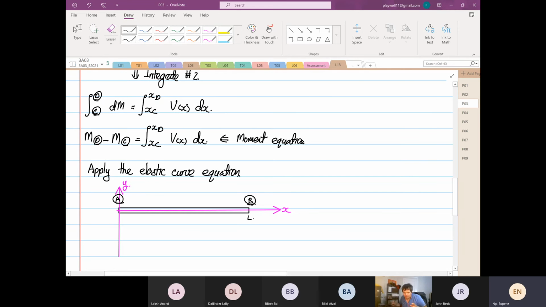So I'm going to roughly sketch the deformation pattern. This is just a sketch. It will look like this. So this is our deformation or deflection pattern. Okay.